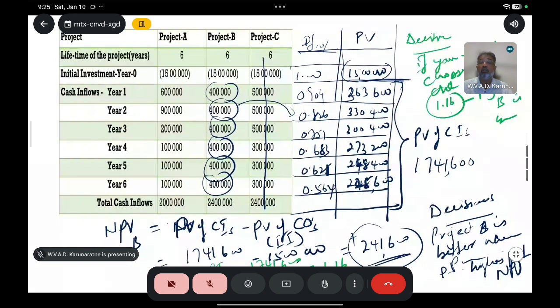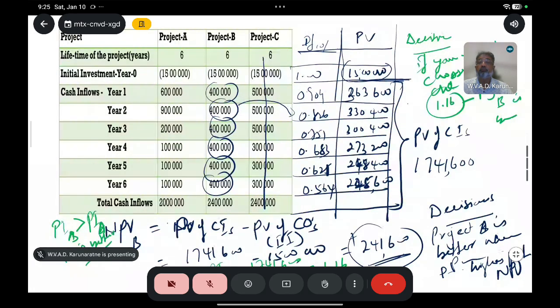It has a higher profitability index. The profitability index of B is greater than that of A. So B is better.